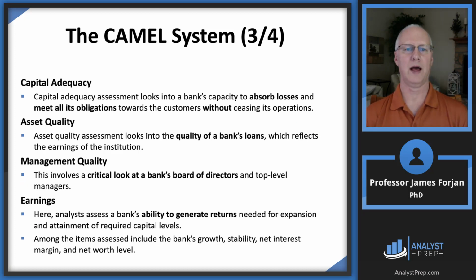So capital adequacy, the bank's capacity to absorb losses and meet all its obligations. So what did I say just a minute ago? We needed that capital on the bottom right-hand side of the balance sheet to perform a few functions, right? If we're a financial institution, we have all these deposits that are at the top of the right-hand side of the balance sheet.